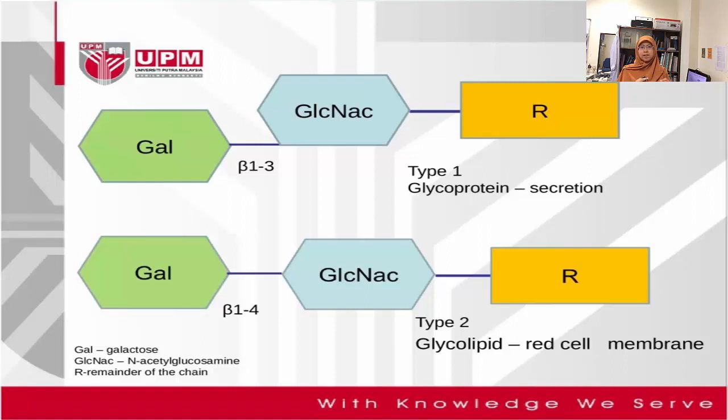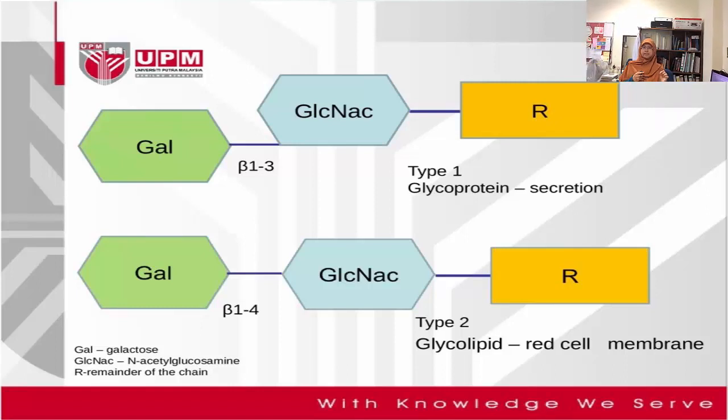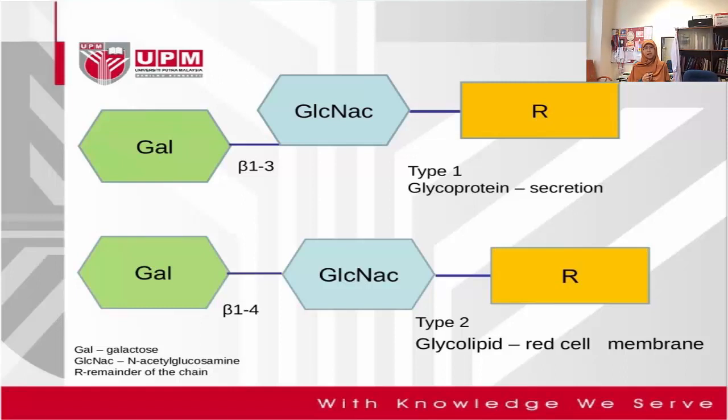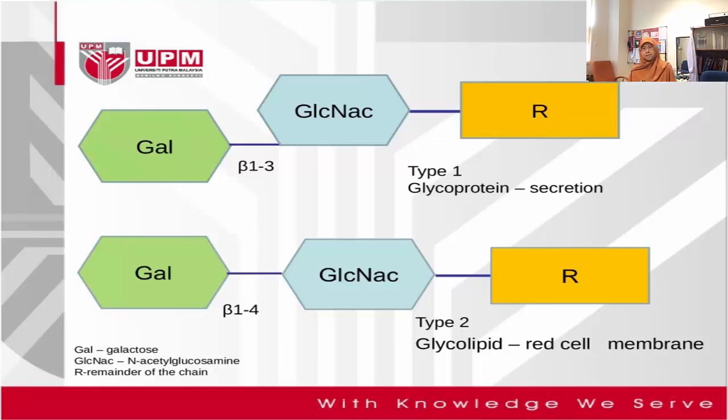The difference between these two types is the linkage between the galactose and N-acetyl glucosamine in the precursor chain. The type 1 chain is mainly present as a glycoprotein, mainly in secretions such as saliva and body fluid. The type 2 chain is mainly in the form of glycolipid and is present on the red cell membrane.